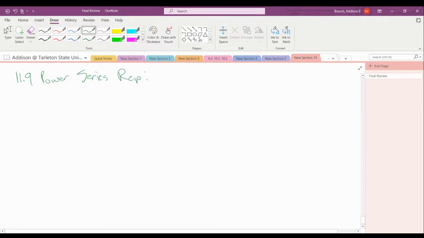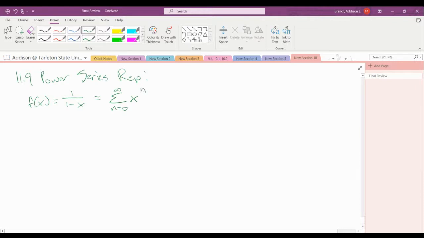So if we have the function f of x equal to 1 over 1 minus x, that is equal to the power series from n from 0 to infinity of x to the n.